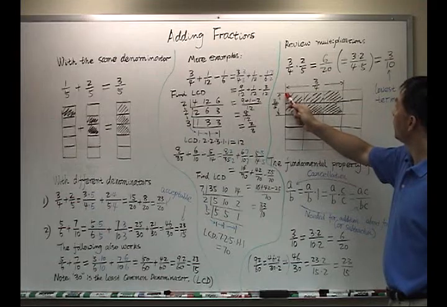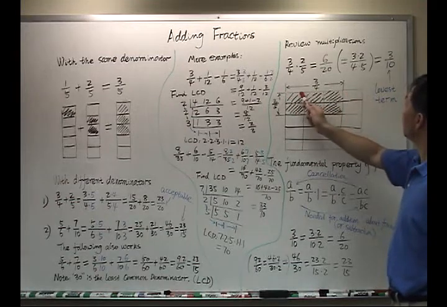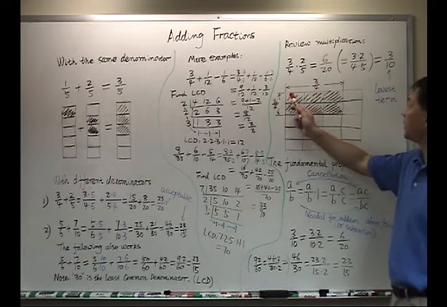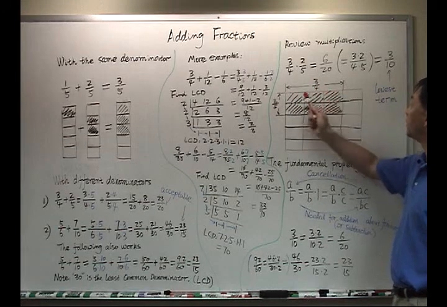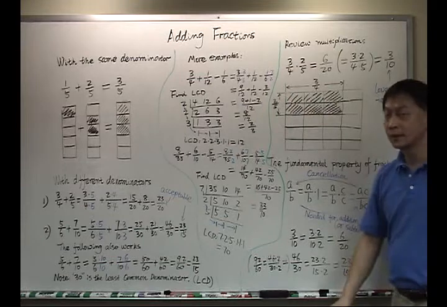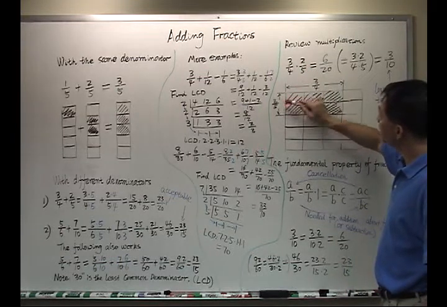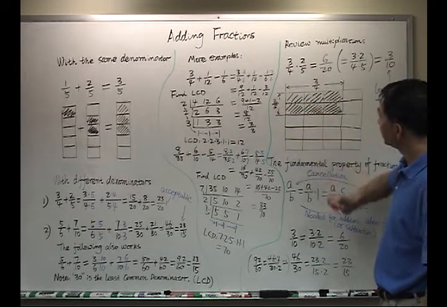Look, 3/4, let's say we have 1, 2, 3, 4 units. Then 3/4 is basically 1, 2, 3 out of 4. 2/5 is 2 units out of 5.